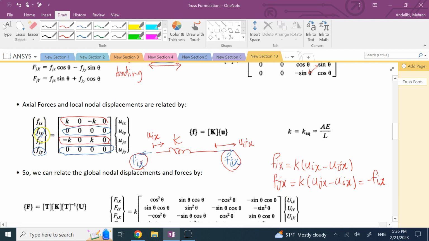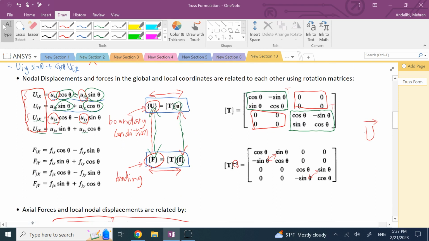So I can now put all of these small f's in a vector and call it small f, and all of the small u's in the small u, and I can relate them by a matrix k, where matrix k is this guy here. You see? So now I have the relation. Now I can go from each one to another one.